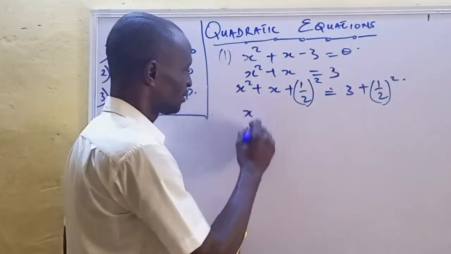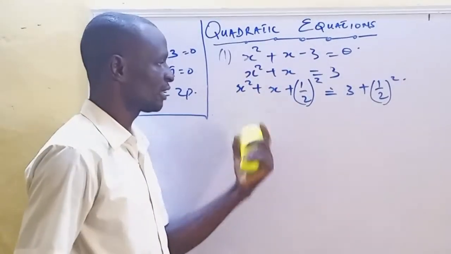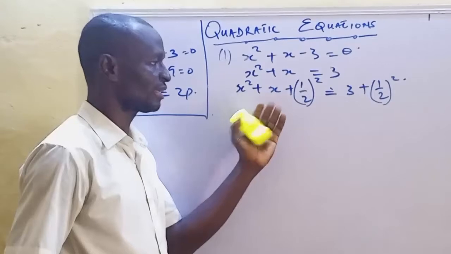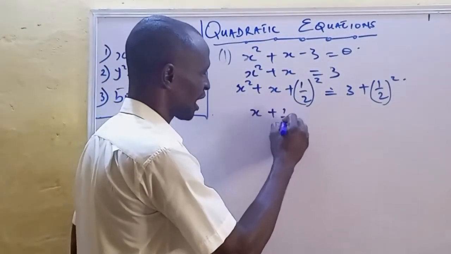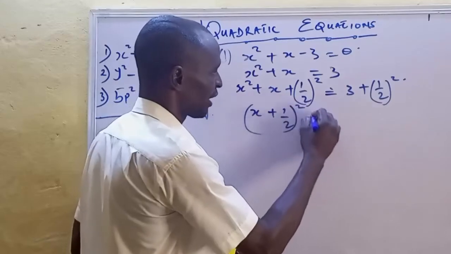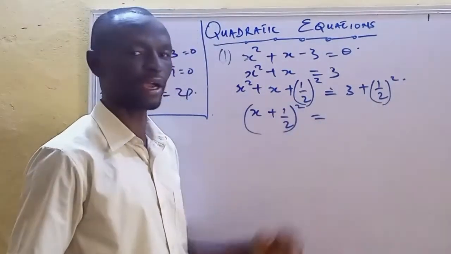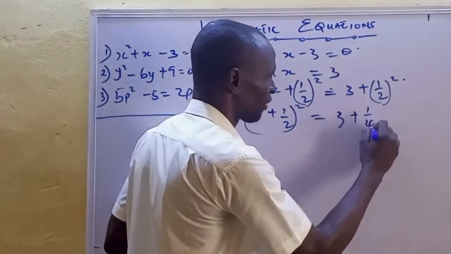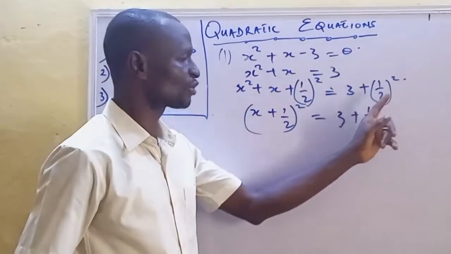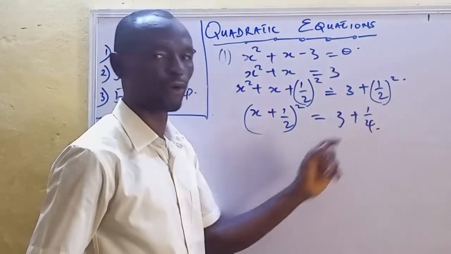Now, we've completed the square here. I now bring out x plus half, all squared is equal to 3 plus half raised to power 2. That's 3 plus 1 over 4. Half raised to power 2: 1 times 1 is 1, 2 times 2 is 4.